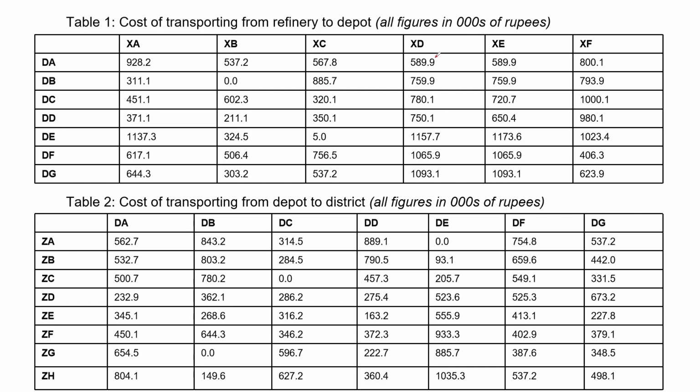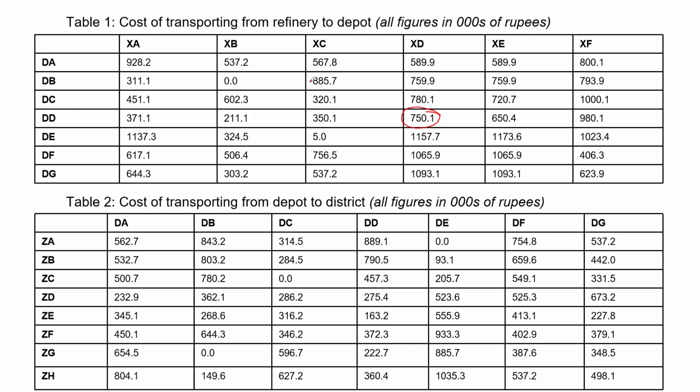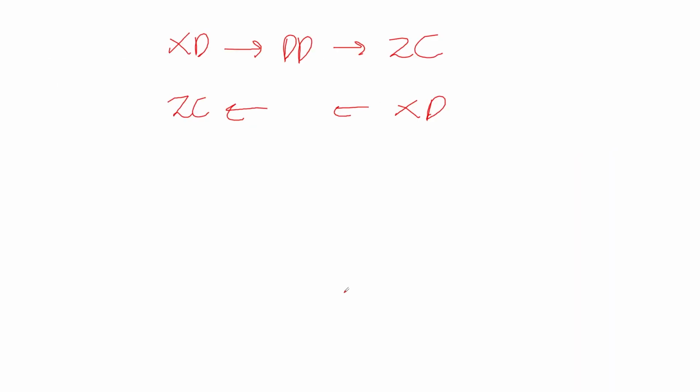XD to which depot is the minimum price? So if I look at XD, the minimum price is 754.1, that is to transfer to DD. So the depot DD. Now from DD to ZC, if I look at DD to ZC, the cost is 457.3.